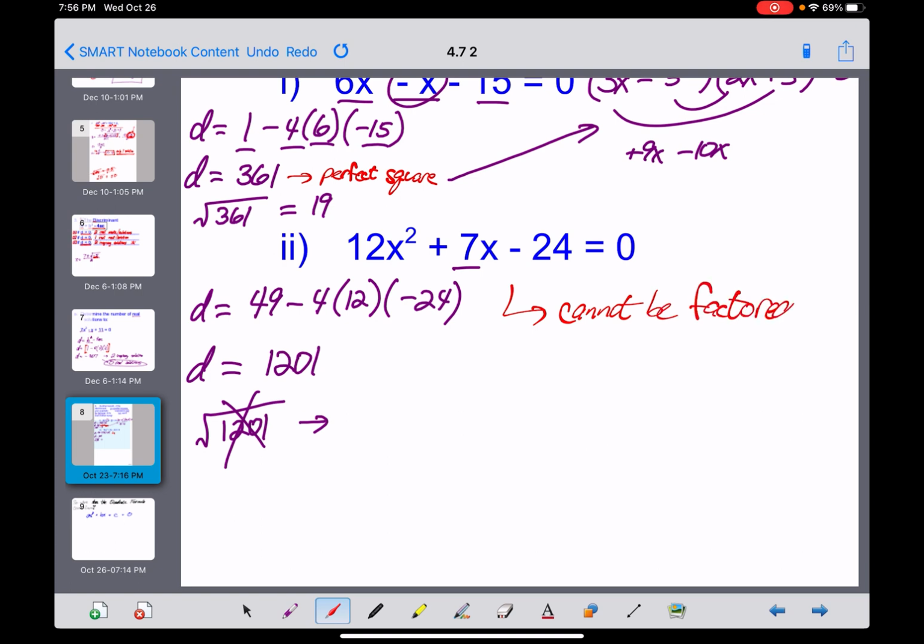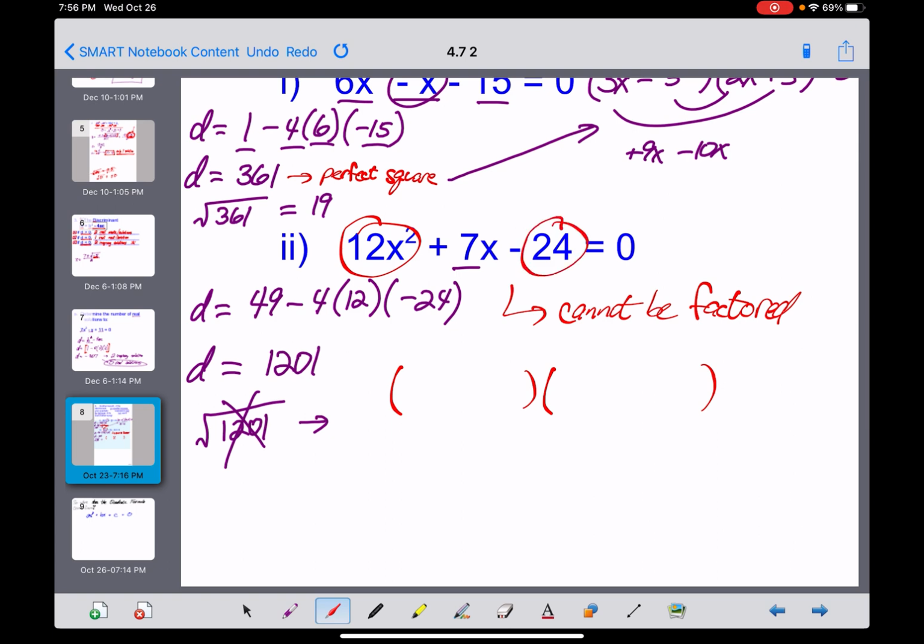Now, I want you guys to think about how hard that would have been to figure out if you had just tried factoring this thing. 12 can be split up, oh boy, 3 different ways. 3x times 4x, that's 1, 6x times 2x, and then 1x times 12x.